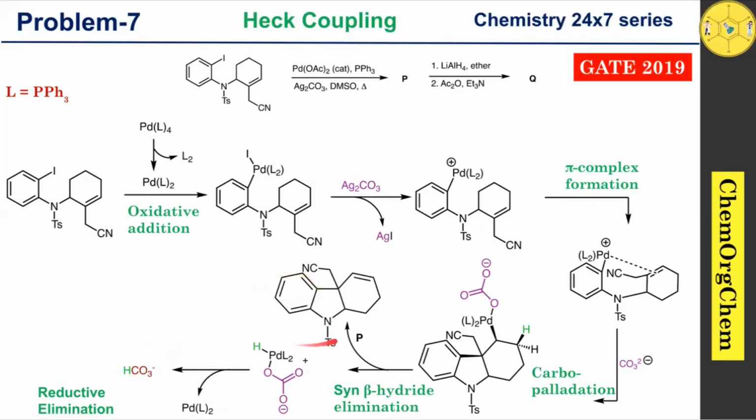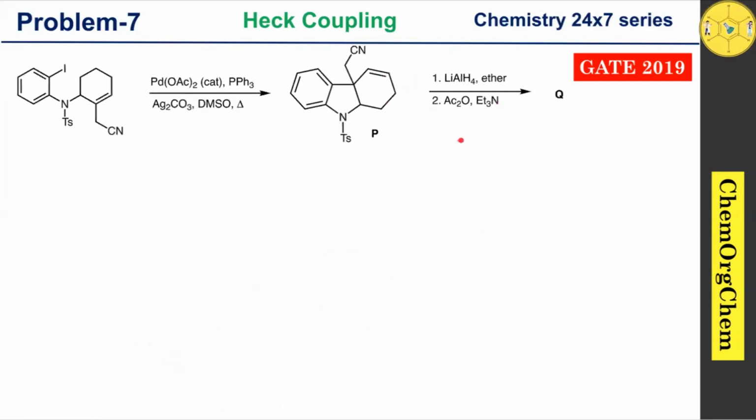So now we have successfully obtained the structure of product B. Now this product B undergoes a reduction reaction with lithium aluminum hydride. Lithium aluminum hydride is one of the powerful reducing agents which can reduce aldehyde, ketone, carboxylic acid, nitrile, and various other groups.